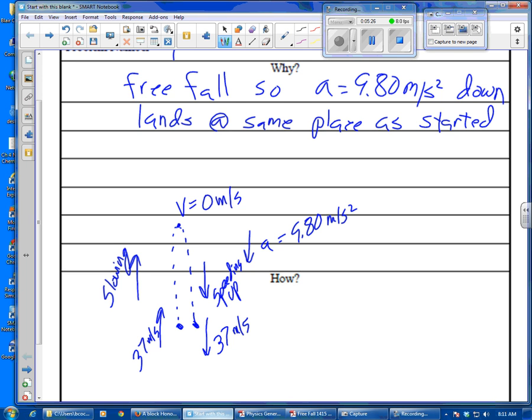But if it has the same amount of distance and the same amount of time on the way up as on the way down, then it's going to lose as much speed as it gains on the way down, or lose as much velocity on the way up as it gains on the way down. Yes? No? Make any sense? Some body language? Okay.